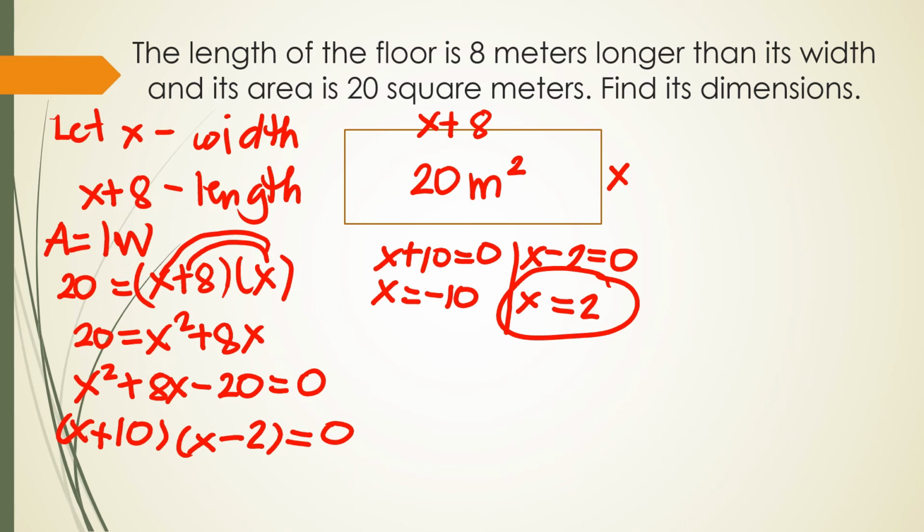So, substitute na natin sa value ng width at ng length para malaman na natin kung ano ang dimensions. Okay. So, dahil ang x natin ang yung width, okay, so the value of the width or the measure of the width will be 2 meters.